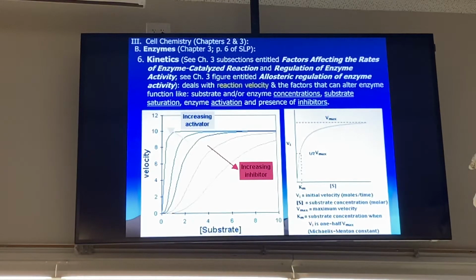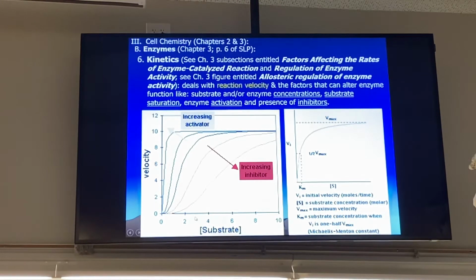The topic of chemical kinetics has to do with chemical reaction speeds and the things that can alter it. In a nutshell, that's the simplest way to explain it.